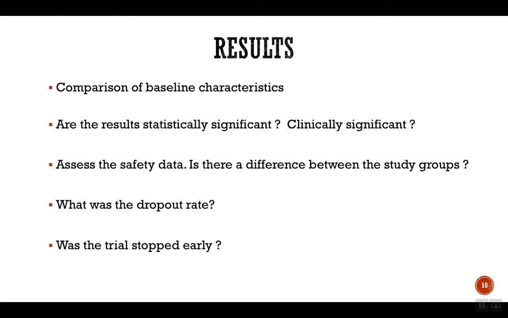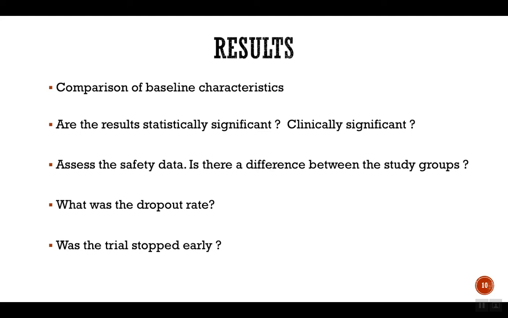Or a trial can also find some kind of result, but is it clinically significant? Is it really going to impact what we do in clinical practice? Is it going to lead to any changes? Is it going to cause this new medication that you're studying to become the first line agent? Okay, so you want to think about all of these. Yes, the p-value was significant, right? But what's going to be the outcome in clinical practice?